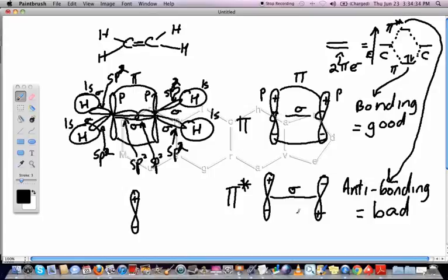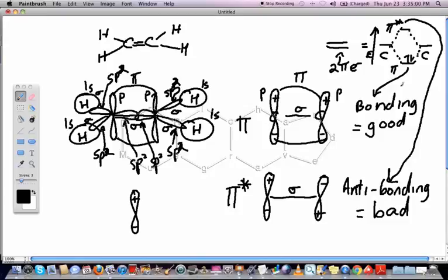The other situation we have is when the phases don't match. We call that anti-bonding, and that's bad. And if we were to draw an energy diagram for a pi bond, here's what it looks like. We have two electrons in the pi part of the bond. We don't worry about the sigma part. And the two electrons would go in the bonding part, and we wouldn't have any electrons to have to put in the anti-bonding, so that would be a good thing.